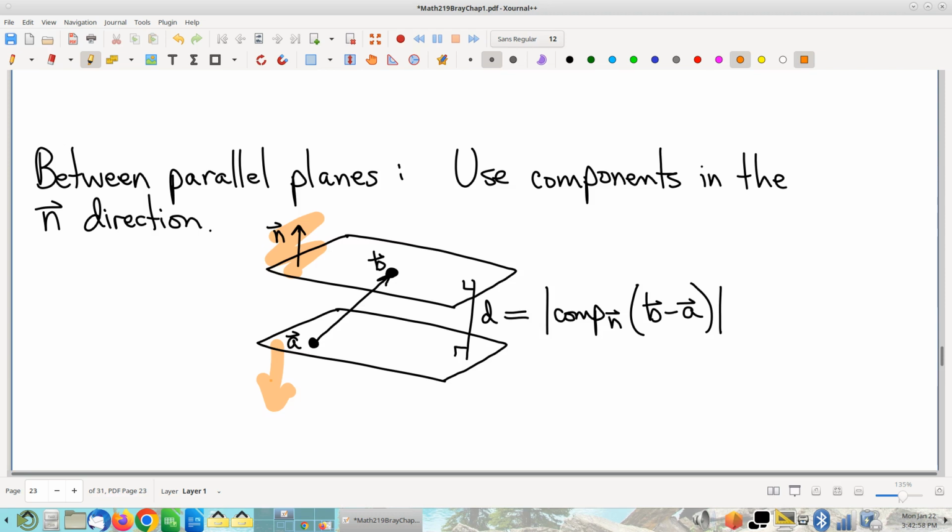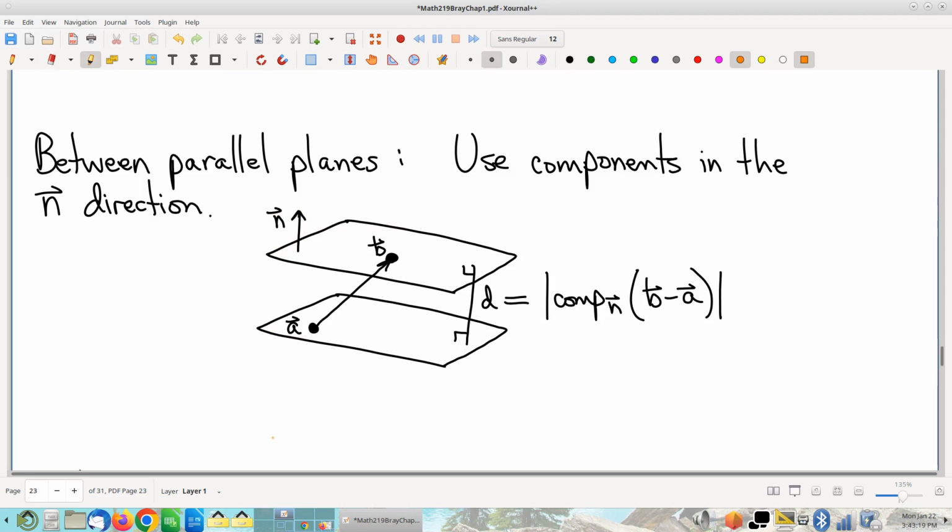Distance is positive, though. So anyway, no big deal. The way we fix this is just by recognizing that component has a plus or minus that we don't care about. And so take the absolute value. Throw away that whole plus minus nonsense that we don't want. Problem solved. Okay. All righty.